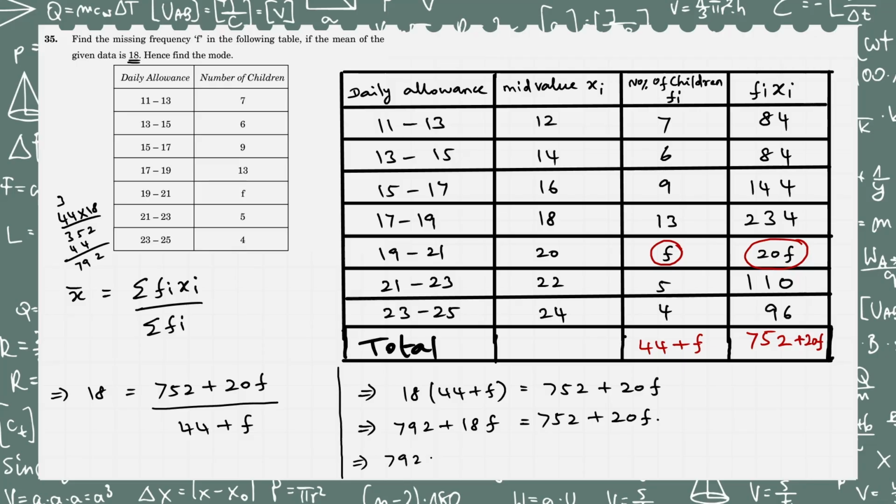So we get 792 minus 752 equal to 20f minus 18f, and that will give you 792 minus 752 is 40, right? So 40 equal to 2f. That implies f equal to 40 divided by 2, which is 20. So we got our f value right now.